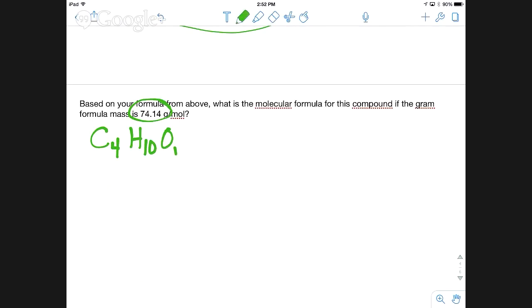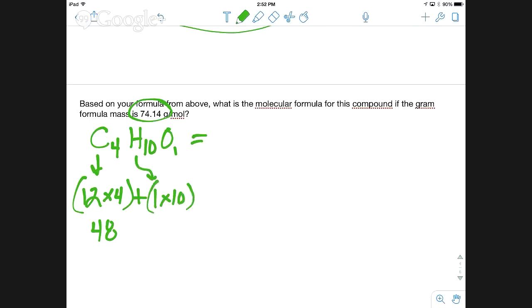A faster way, I think, is to figure out what the mass of this is. So I'm going to have carbon, which is 12 times 4, and that's 48, plus hydrogen is 1, and there's 10 of them, so 10, plus oxygen is 16.